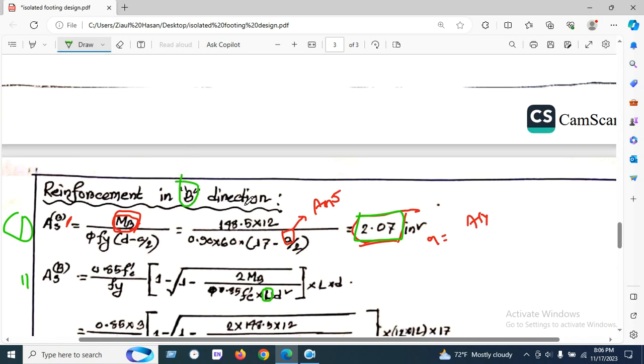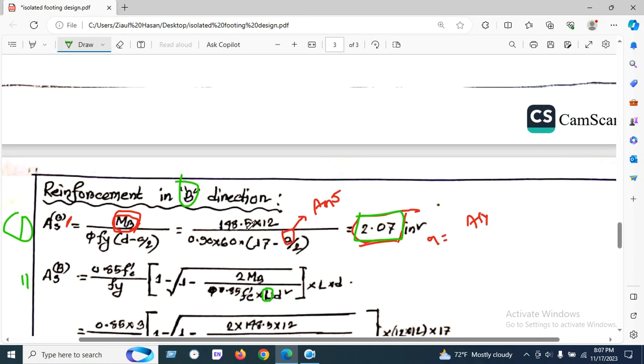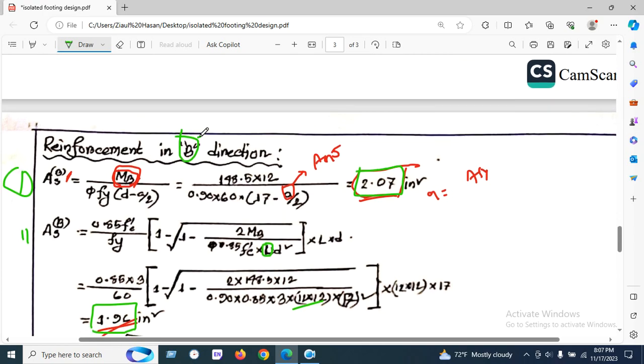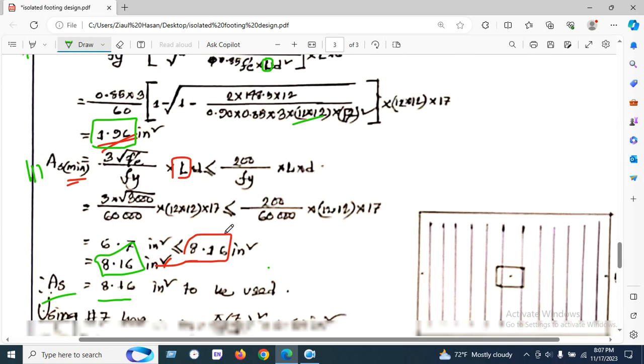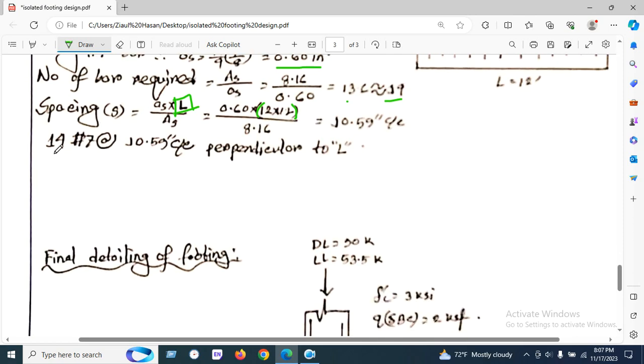When we calculate the B direction, we use L in all the formulas. When we calculate the L direction, we use B. So the spacing will be 10.59 inches.